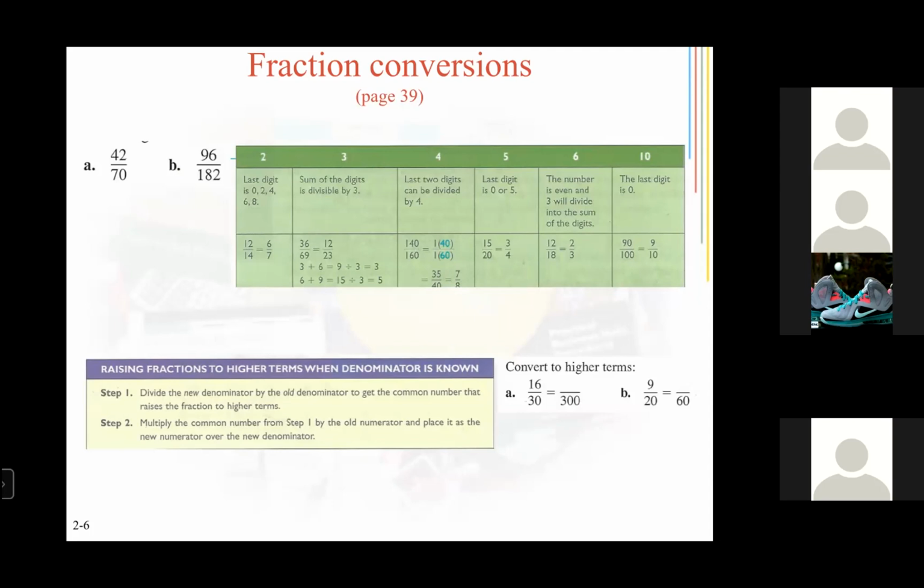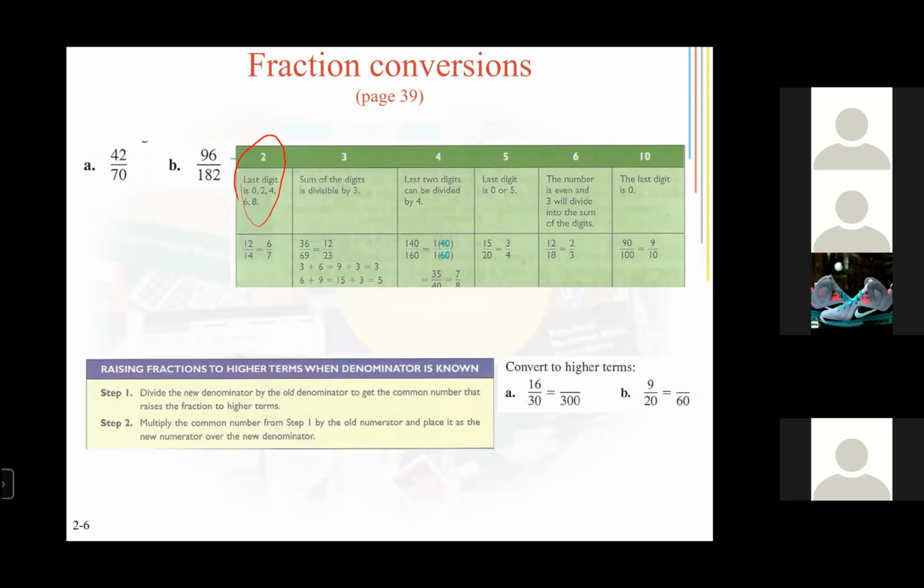So numbers that are divisible by 2, for example, the last digit is going to be 0, 2, 4, 6, or 8. What type of numbers are those? Even numbers, right? So if you have 2 even numbers to reduce, you know right away you can divide by 2.